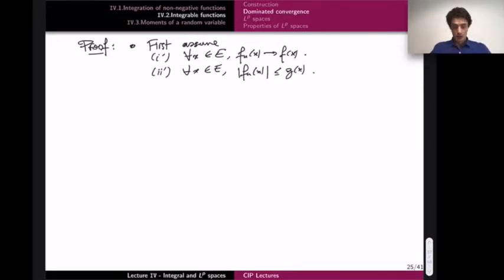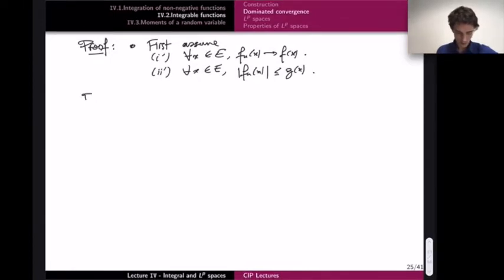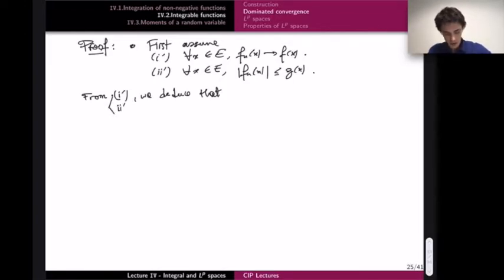So from both, we deduce by taking the limit that the absolute value of f of x is less than g of x.